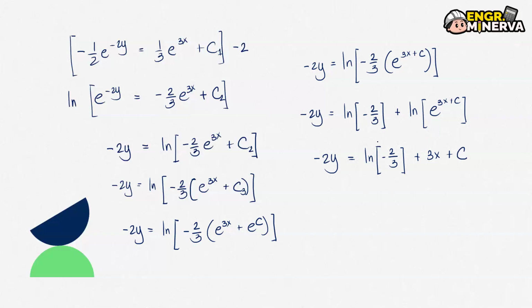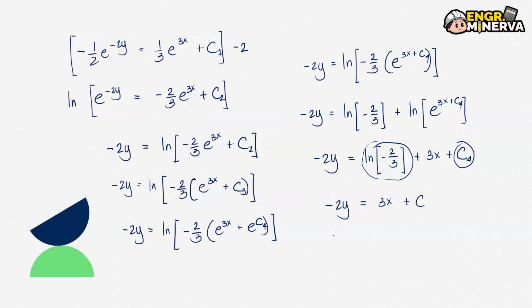So again, your ln of negative 2/3 is a constant, and we combine it with another constant, so we'll make this our c4. And eventually, that would be negative 2y equals 3x plus c4. This would now be c.